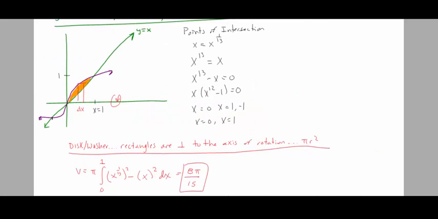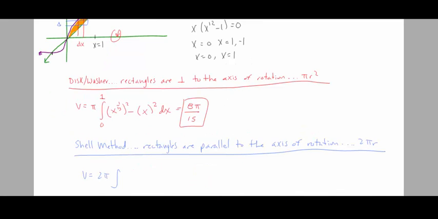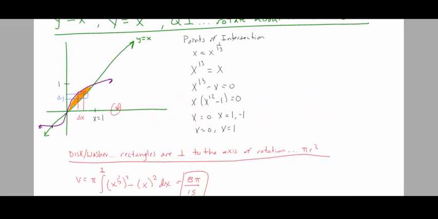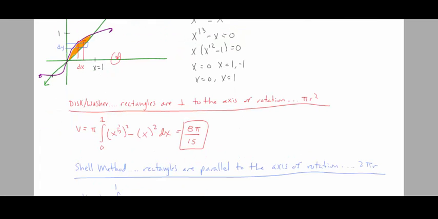Now let's go ahead and have a look up here. If I sketch one of these in, this is parallel to the axis of rotation. You can see that my incremental width here would be dy. So everything here has to be in terms of y. My limits of integration go from 0 to 1 again, but on the vertical this time. The distance from the axis of rotation to the center of this rectangle is just y units along the y-axis.